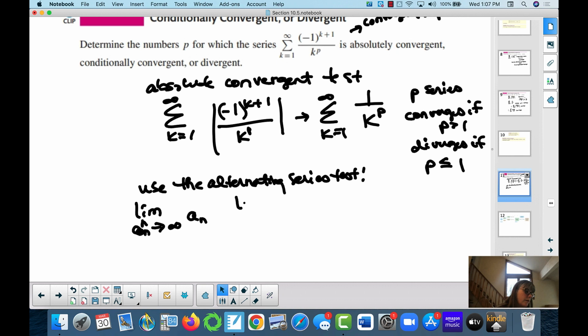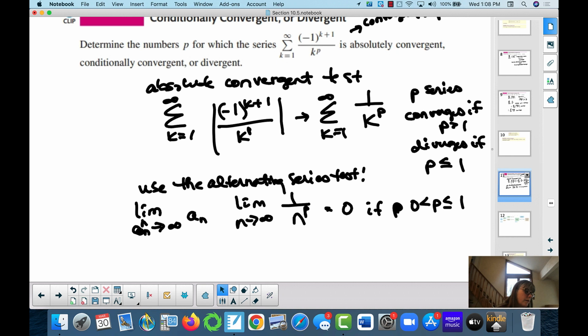A sub n is 1 over n to the p. And remember, we're looking at values where p is less than or equal to 1. So this is 0 if p is between 0 and 1.